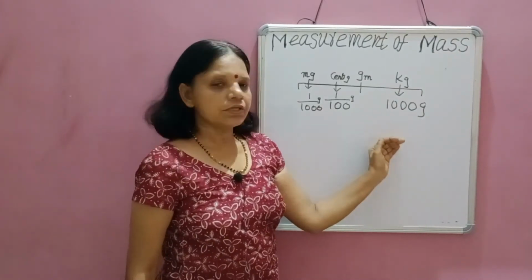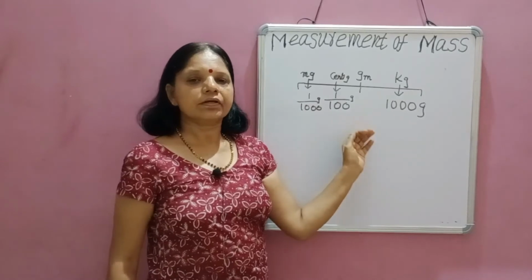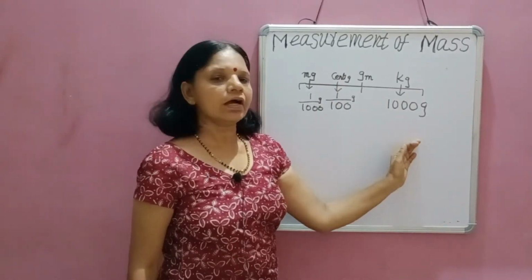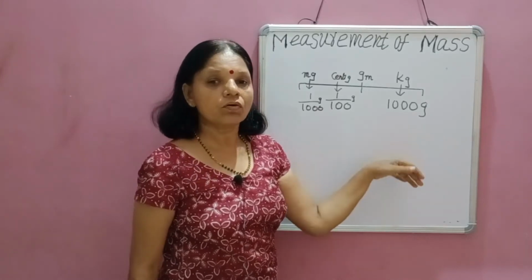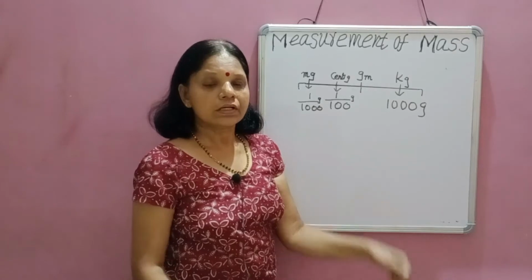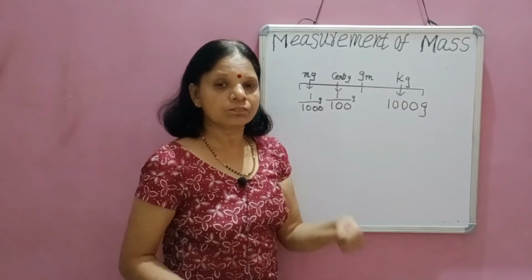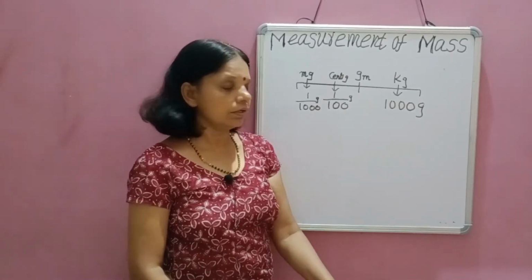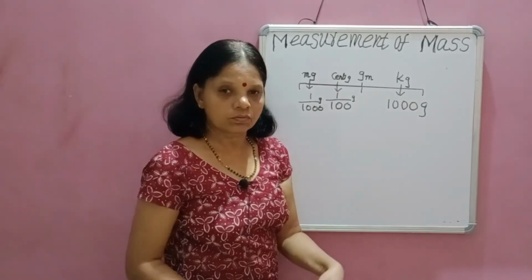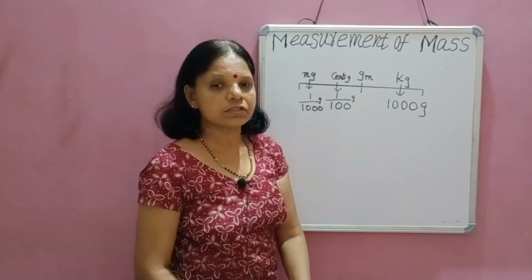So how we are doing that? The object having more mass will have more weight, or more force is required to lift an object from the floor, against the gravitational force.